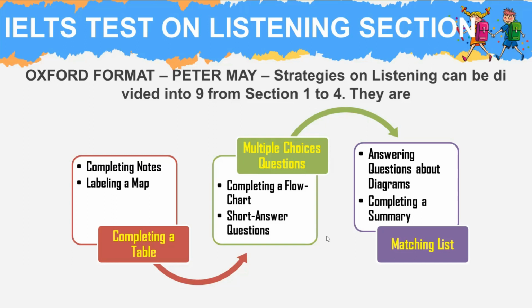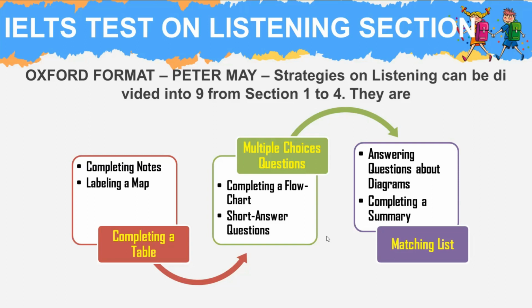the strategies on listening can be divided into 9 strategies from section 1 up to section 4 on the listening section itself. And they are: the first, completing notes; secondly, labeling a map; the third, completing a table; the fourth, multiple choice questions; the fifth, completing a flow chart; the sixth, short answer questions; the seventh, answering questions about diagrams; the eighth, completing a summary; and the last, the named matching list.